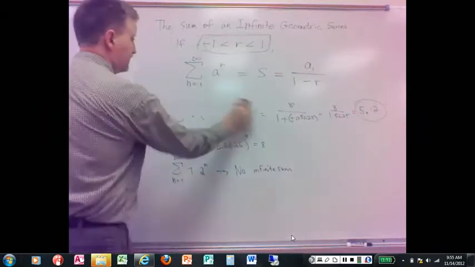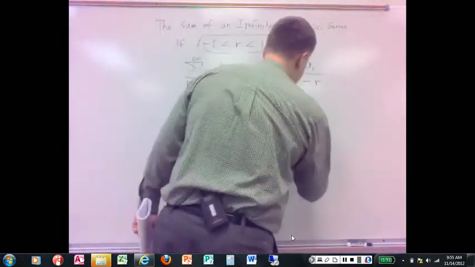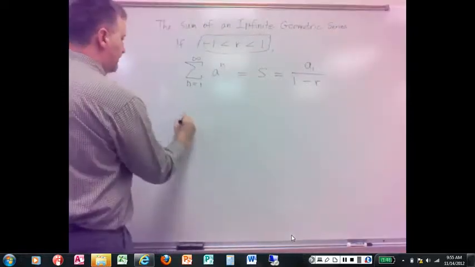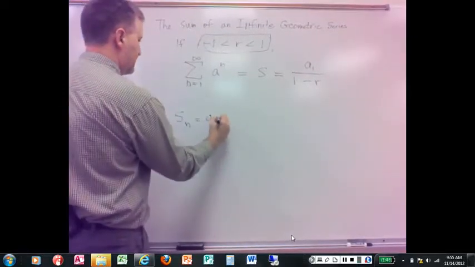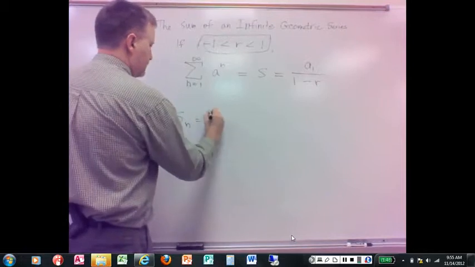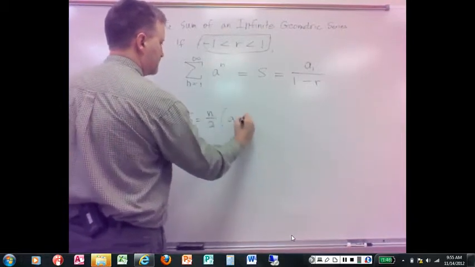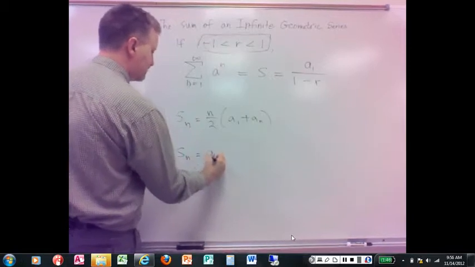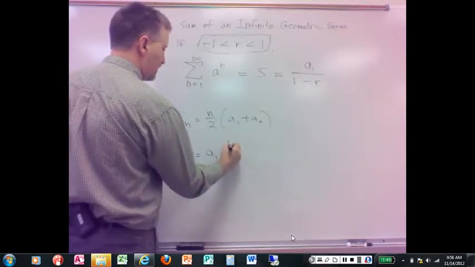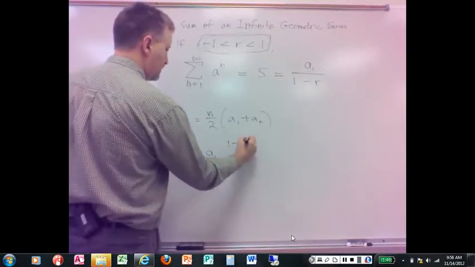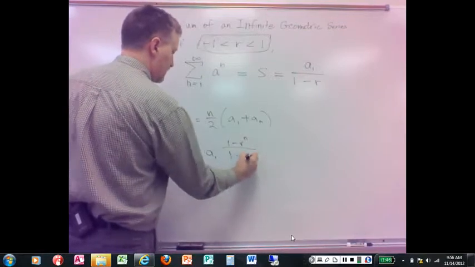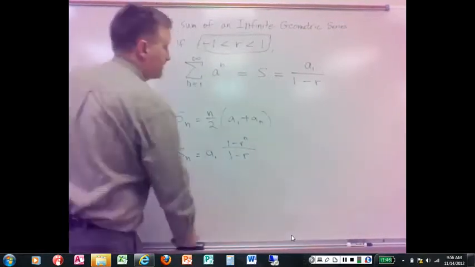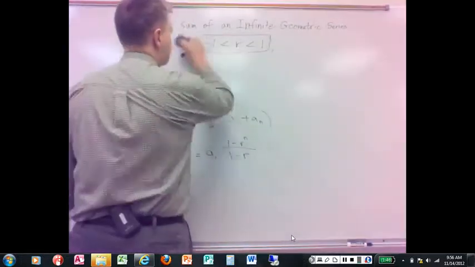Now for the other formulas, we've got S sub n equals n over 2, a sub 1 plus a sub n. We've got S sub n equals a sub 1 times 1 minus r to the n over 1 minus r. We've got those two other ones to go along with this one.